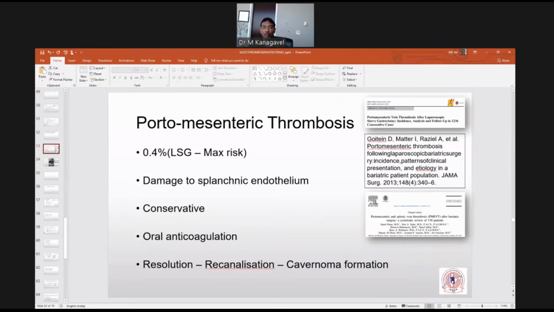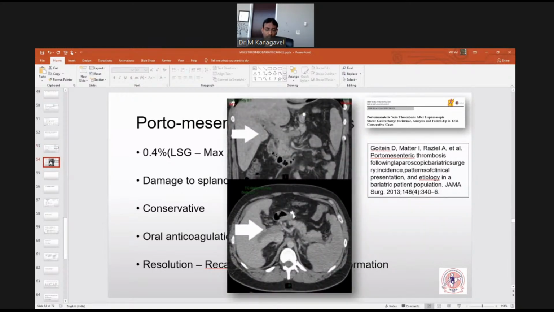Mesenteric thrombosis is a rare but potentially lethal complication that can happen in patients who undergo bariatric surgeries. The incidence is not high. In the bariatric surgery literature, it's about 0.3 to 0.4%, depending on which studies you look at. But specifically in sleeve gastrectomies, the incidence is about 1%. And yes, there are various risk factors. In fact, dehydration is a very important risk factor that can promote mesenteric vein thrombosis.